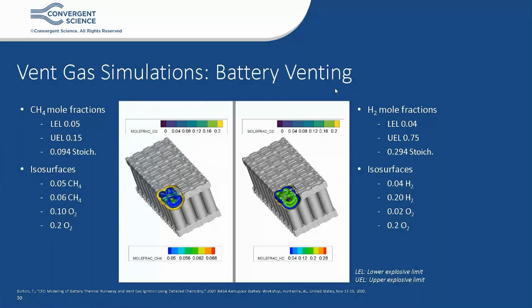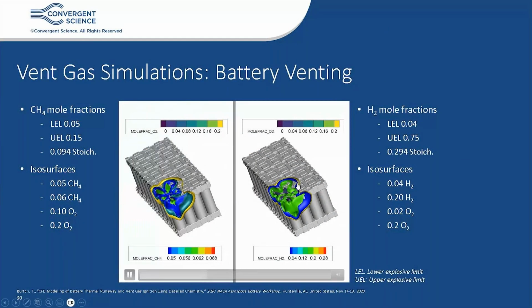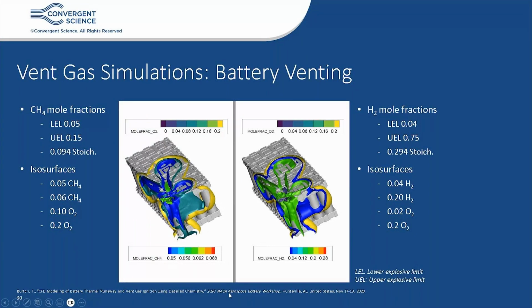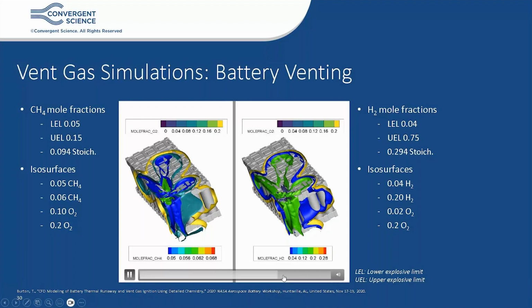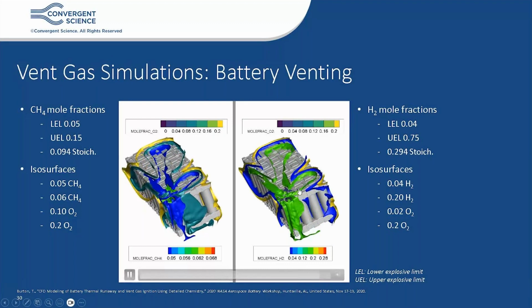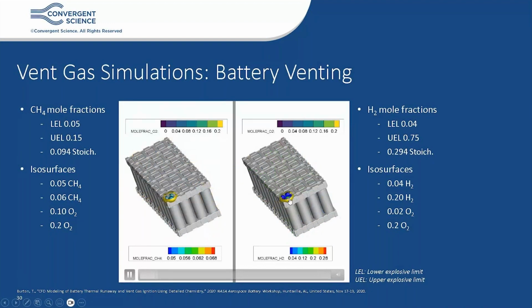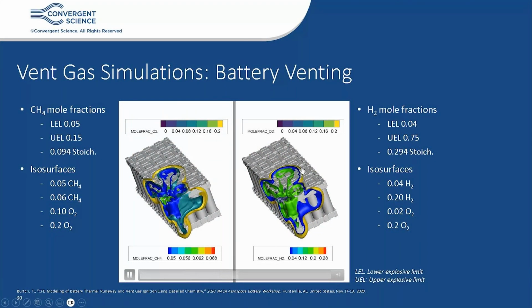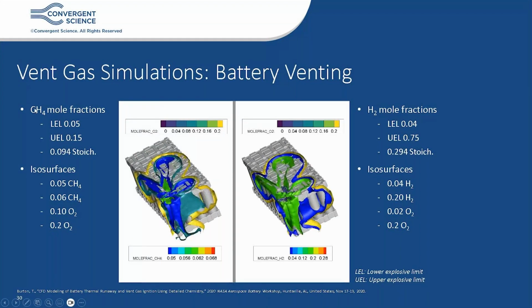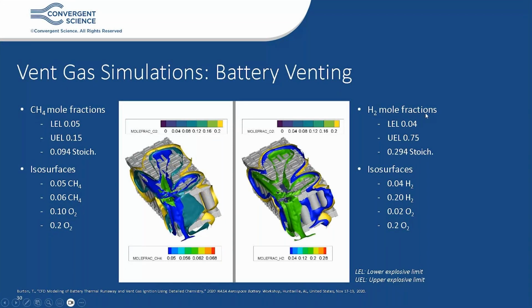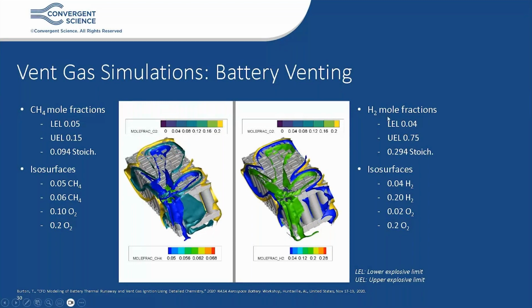Now, thermal runaway not only involves heat release rate, but also involves venting of gases. So in the 2020 NASA battery workshop, we showed our case studies where we conducted detailed simulations of vent gas distributions from the thermal runaway battery within the battery pack. These vent gases comprise hydrocarbons like methane and some hydrogen, which burns very well.